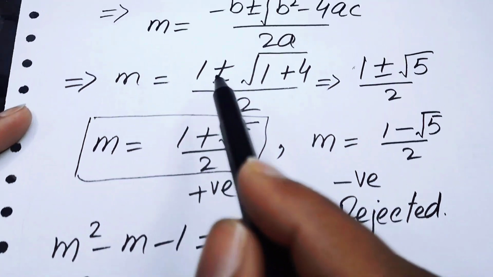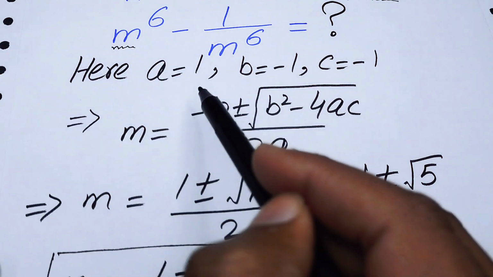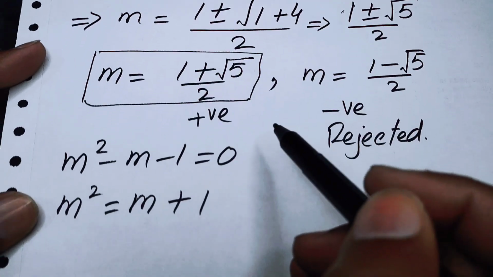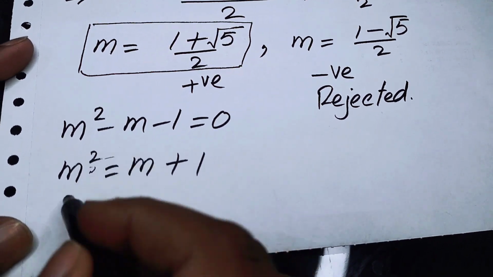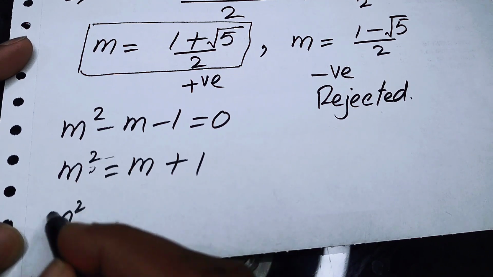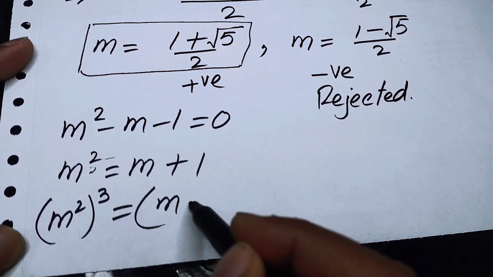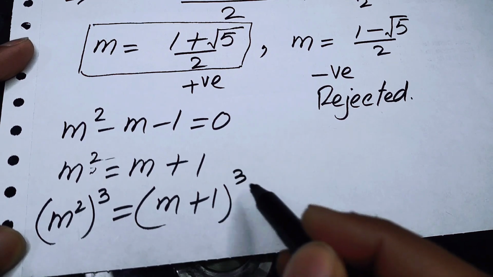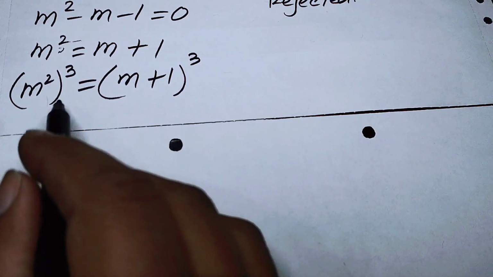Now our target is to make m to the power of 6. Our target is to find m to the power of 6 first, so in order to make this m square into m to the power of 6, we can just take the cube on both sides, so it becomes in this form. Now we expand both of the sides.